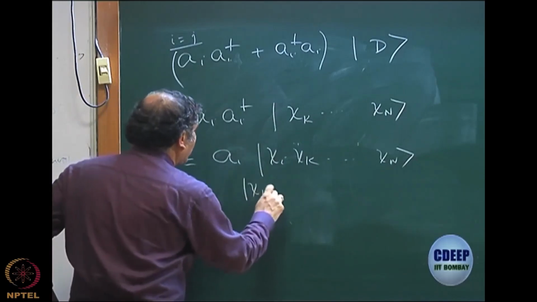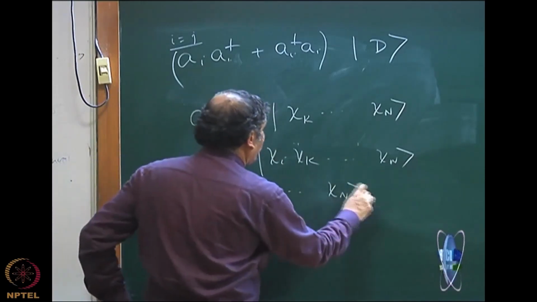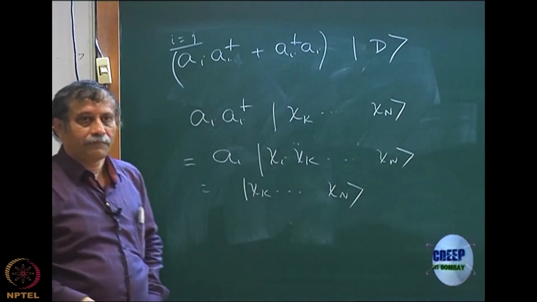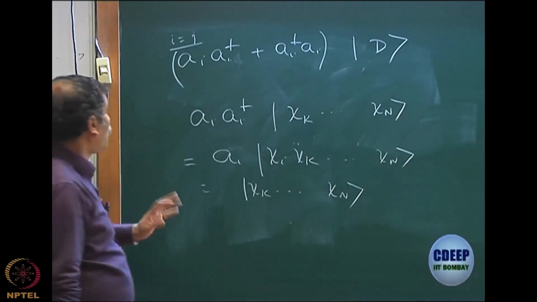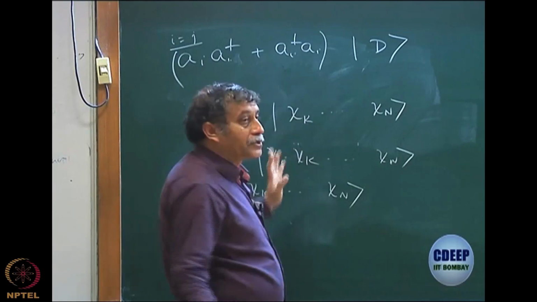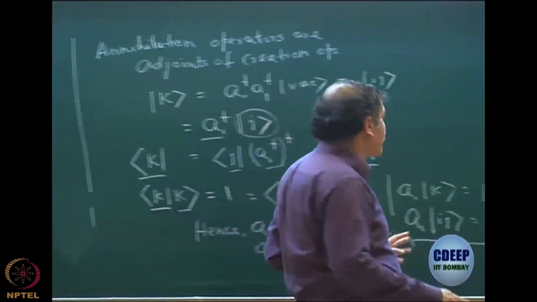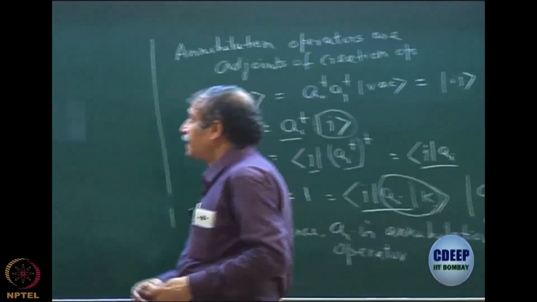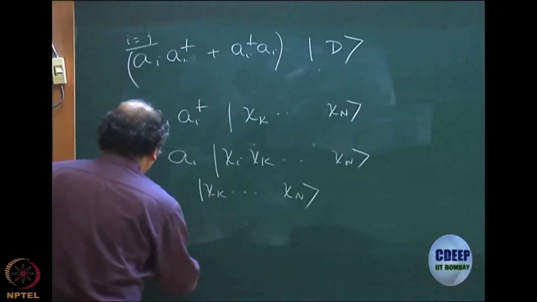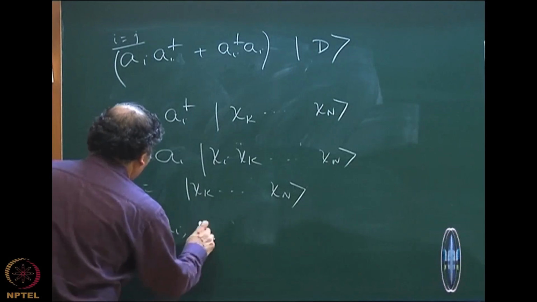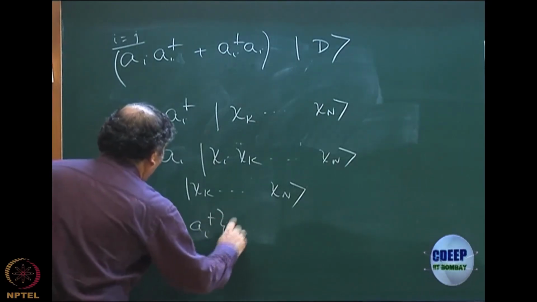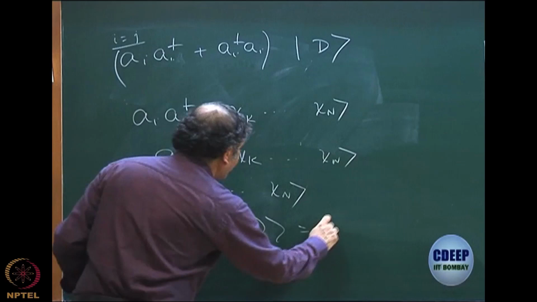So, I will simply get back the determinant, correct. And of course, if AI dagger AI acts, it will be 0. So, if chi I is not present in the determinant, then I can say that the anti-commutator acting on the determinant is equal to the same determinant.